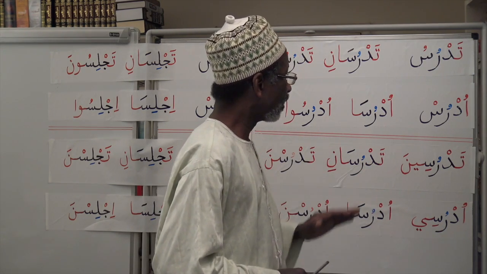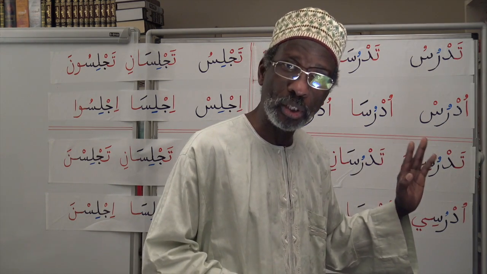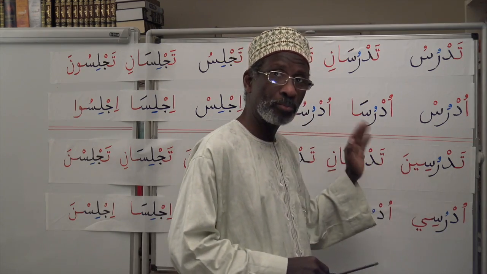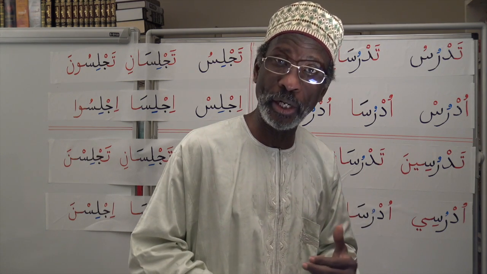Now, if that has been established, those will not change. There's a stability there that will stay all the way through. Now, the second root in the present tense is carrying u for singular masculine. Tadrusu, you are studying, speaking to a single male.